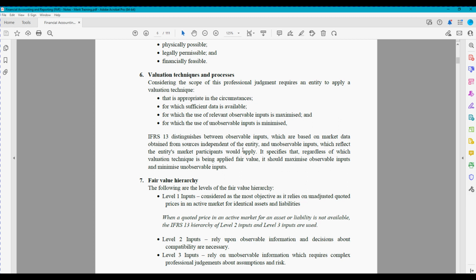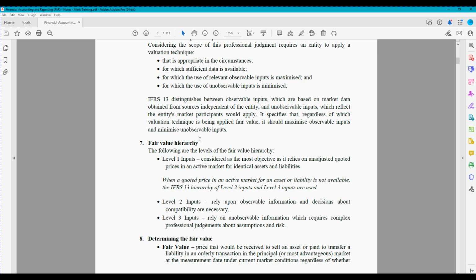Observable inputs could be the multiples that have been paid on precedent transactions, because we can get the data from CapIQ. We know exactly what they've paid historically. IFRS 13 says that regardless of which technique is applied, it should maximize the observable inputs, because this is easy to link to data and prove out, and minimize unobservable inputs because these are more unreliable since they can't be linked to data.